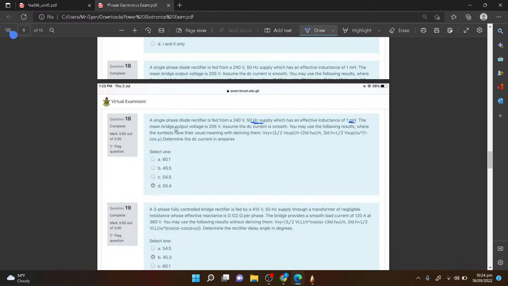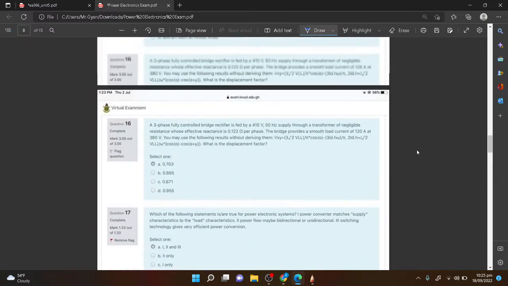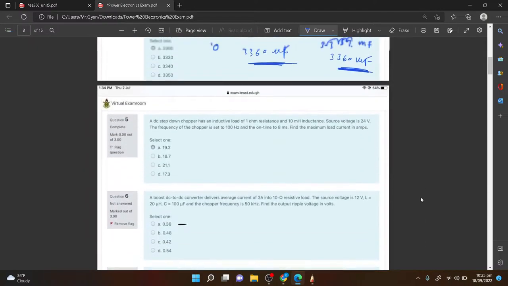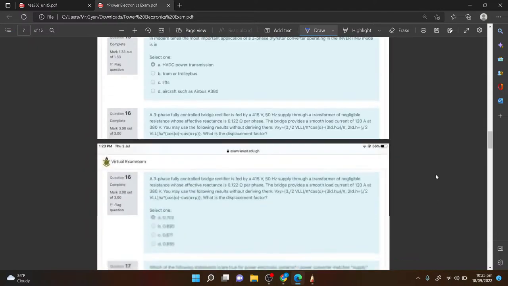The mean bridge output voltage is this. Assume the DC current is smooth. Please check the one we solved right now, because I don't know why we're not getting it.